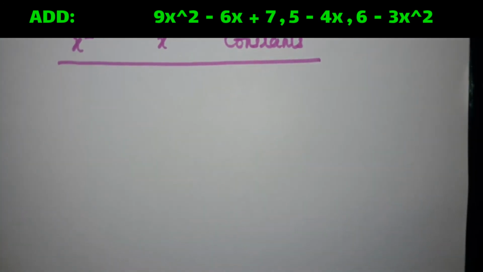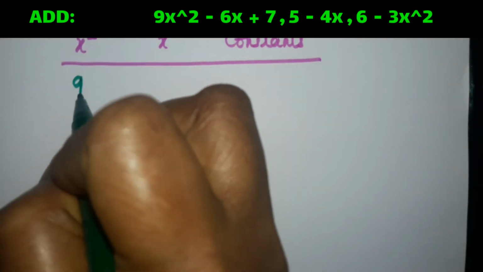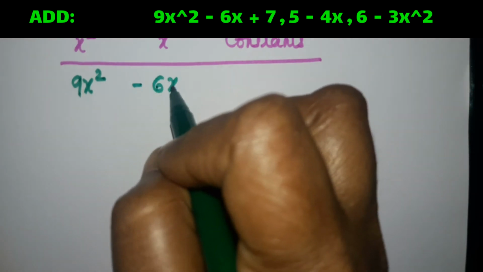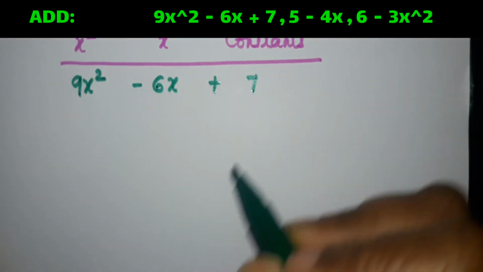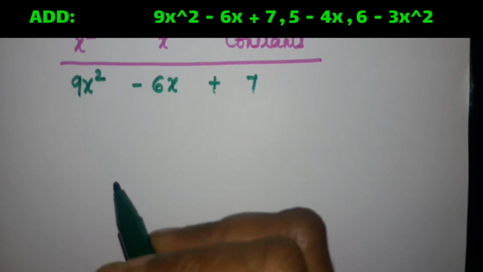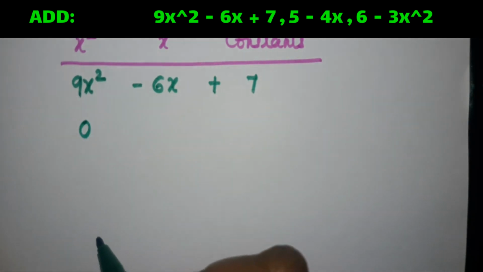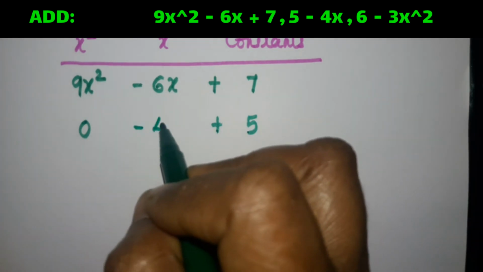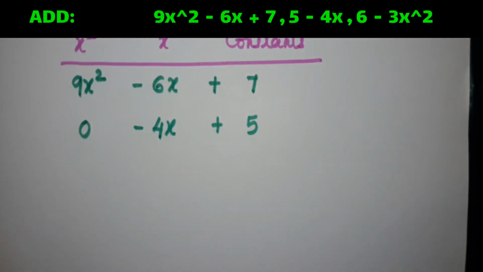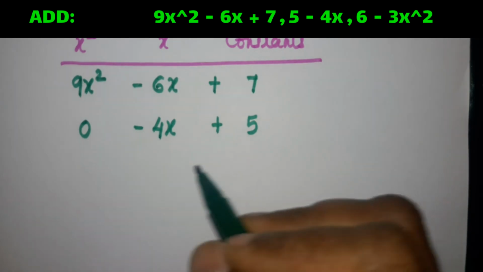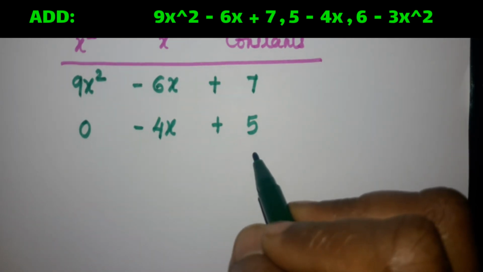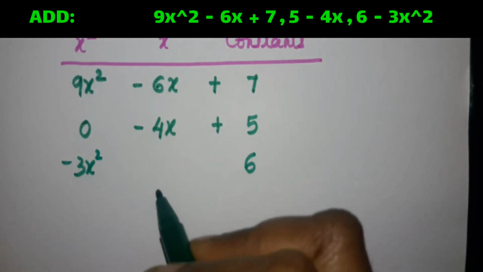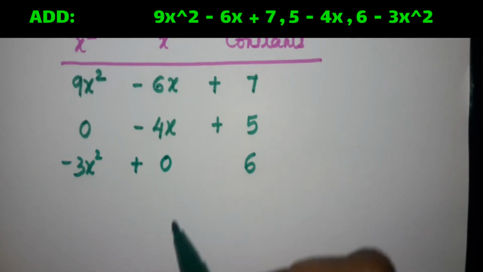It is 9x square minus 6x plus 7. And next we don't have x square, so we'll put 0 plus 5 minus 4x. Then our third equation is 6 minus 3x square and no x term, so we'll put 0 over here.